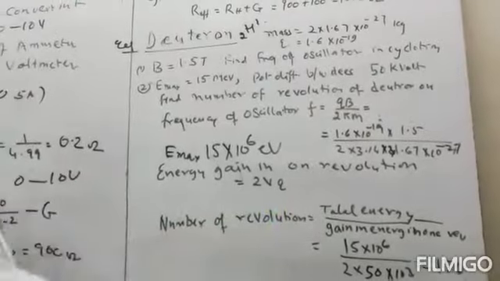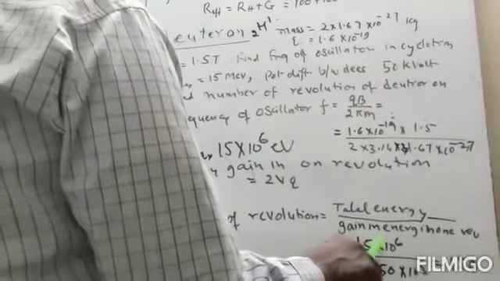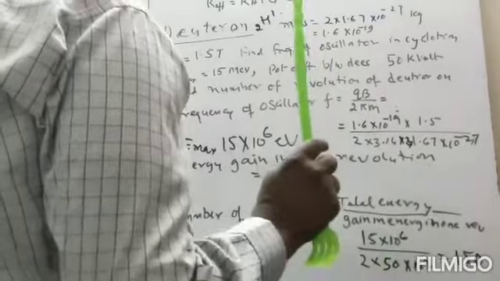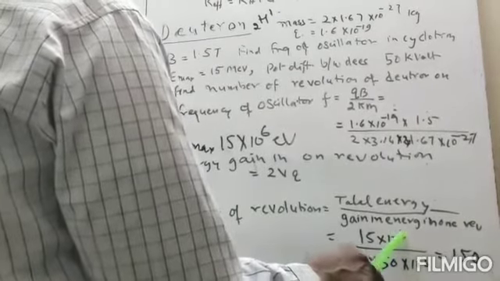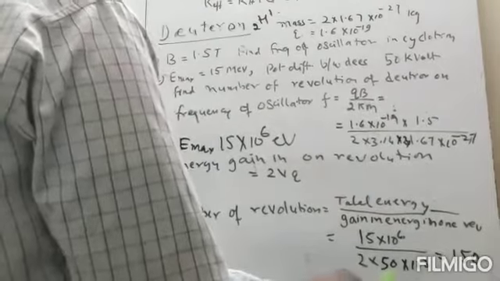So the number of revolutions will be equal to total energy divided by the gain in energy in one cycle, or in one revolution. So the energy is 15 into 10 raised to 6 electron volt divided by 2 into V, which is 50 into 10 raised to 3 volt.